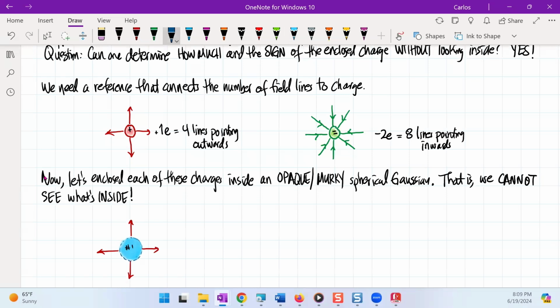Once again, I can't see inside. And I could do the exact same thing with the other one. I can't see inside, but the only thing that I do measure is that I have these field lines coming out of the Gaussian like this.